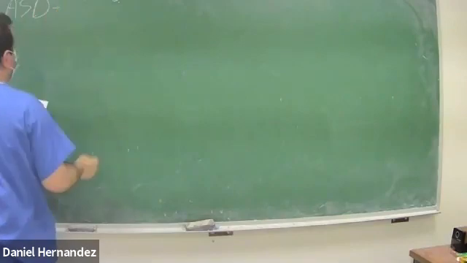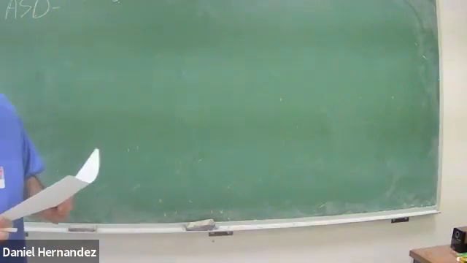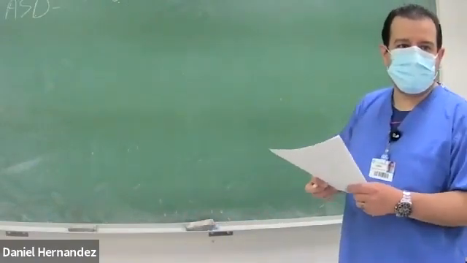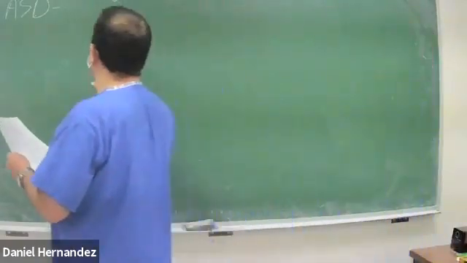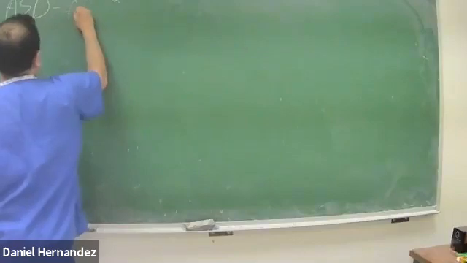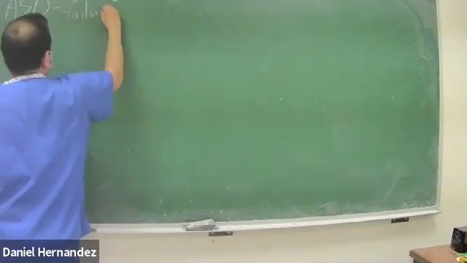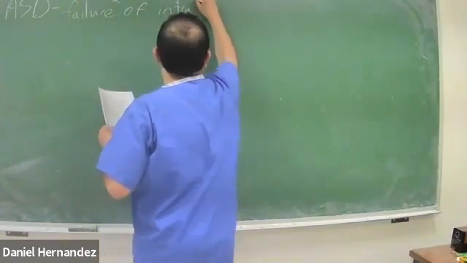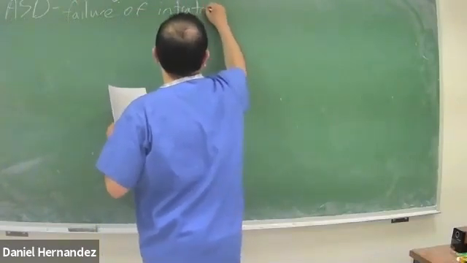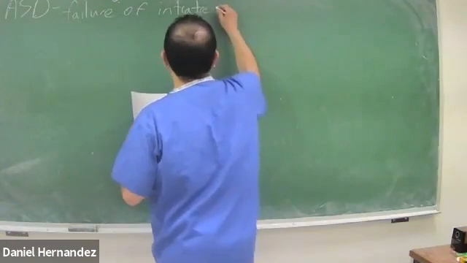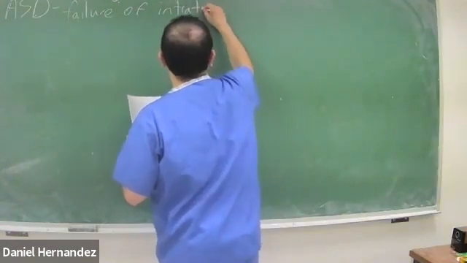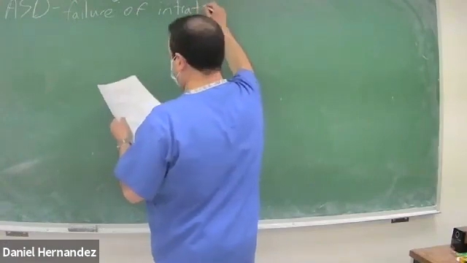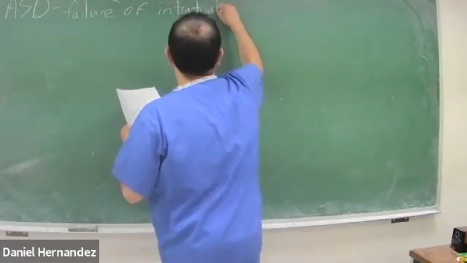ASD. So ASD is defined as a failure of the interatrial septum to close during fetal development.